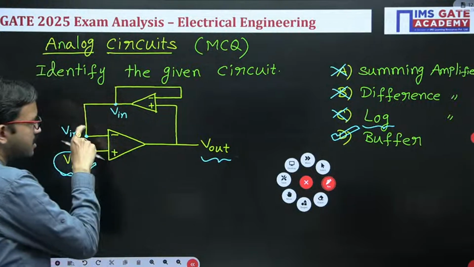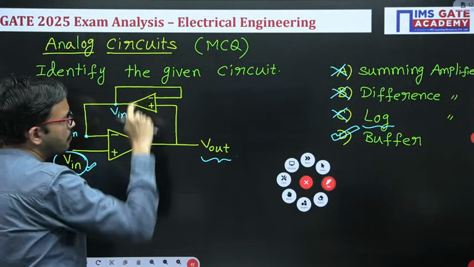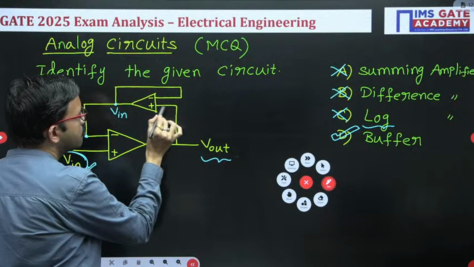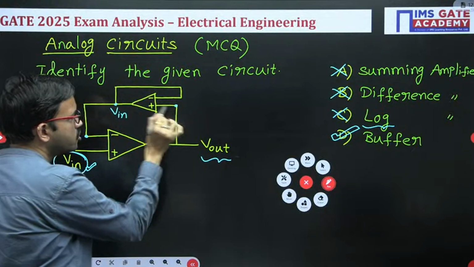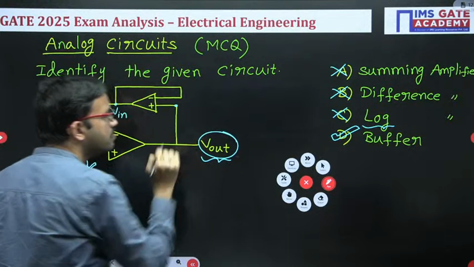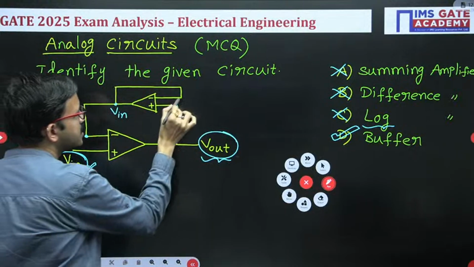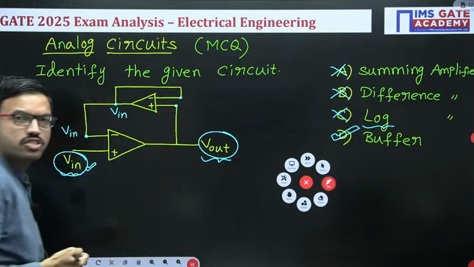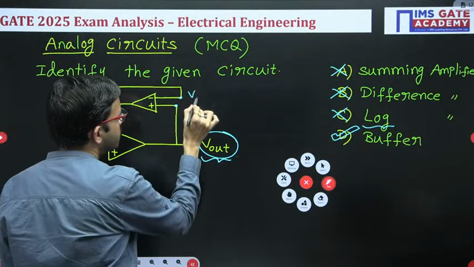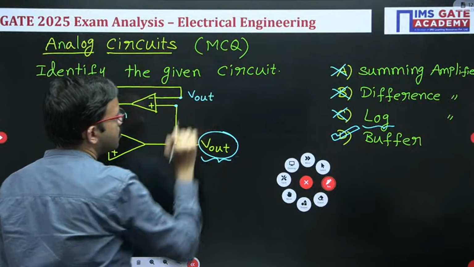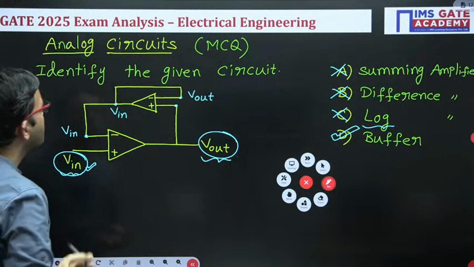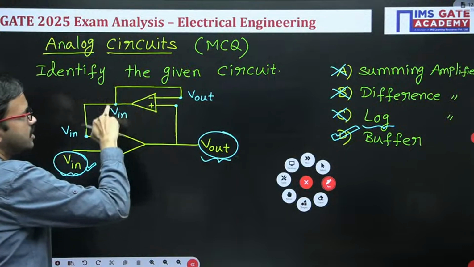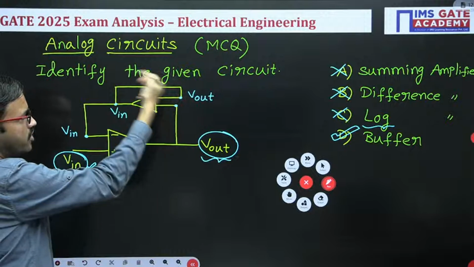Whatever logic we have just discussed, you can apply here. Whatever voltage you are having at the positive terminal, that positive terminal voltage is nothing but V out. The same thing you are getting at the negative terminal, correct? So that means V out. Now observe, this terminal and this terminal are the same, you have just connected them with one wire.